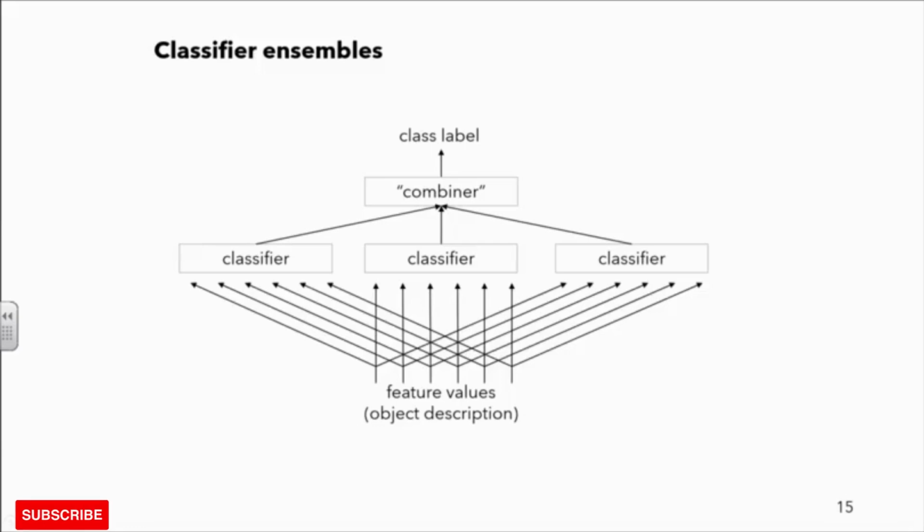The idea is that maybe we could train more than one classifier, different classifiers, and somehow combine their results together. So for ensembles, you have more than one classifier, and you can select which ones you want to include in a classifier ensemble.